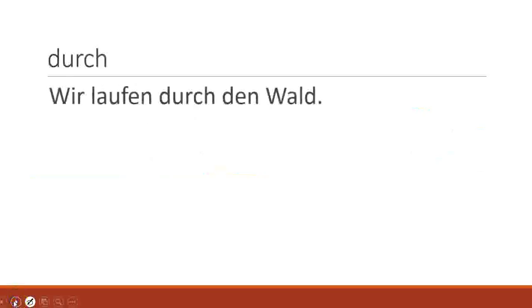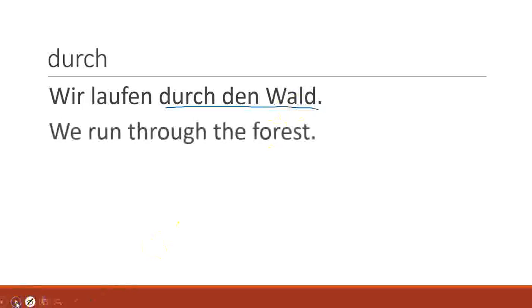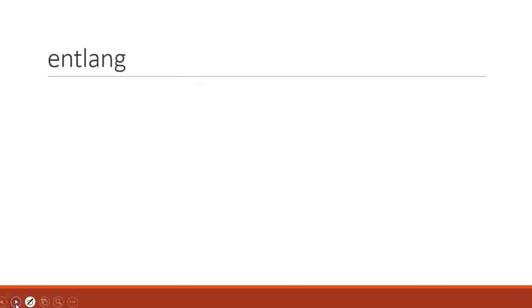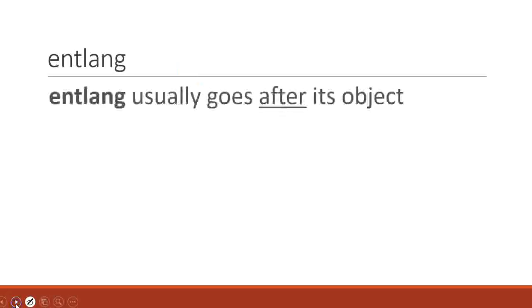Durch. Zum Beispiel, wir laufen durch den Wald. We run through the forest. Der Wald becomes den Wald because durch is an accusative preposition. So you need to remember der, die, das, die; den, die, das, die. Entlang is special, right?